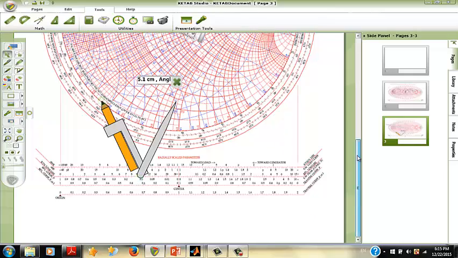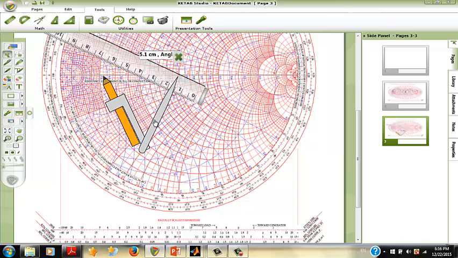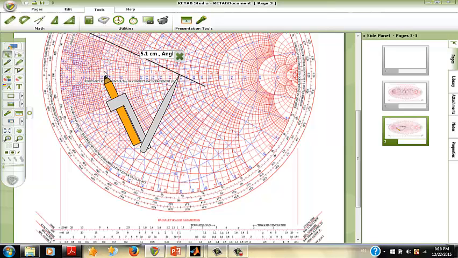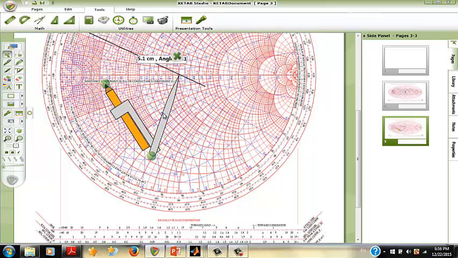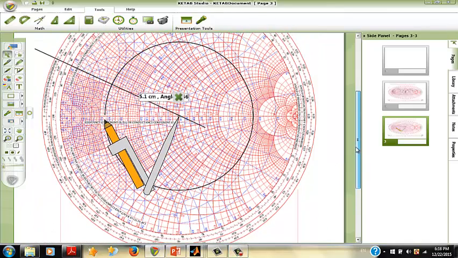Now we will draw the circle. Now we drew the center.